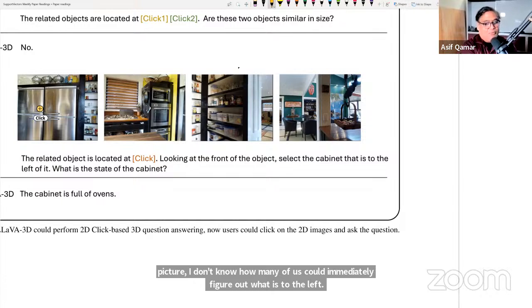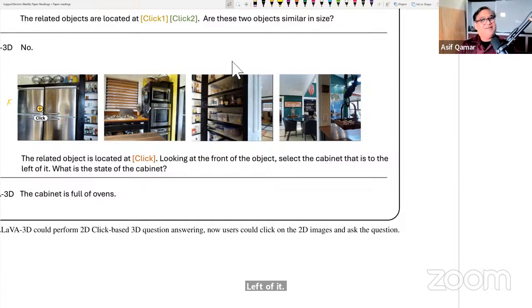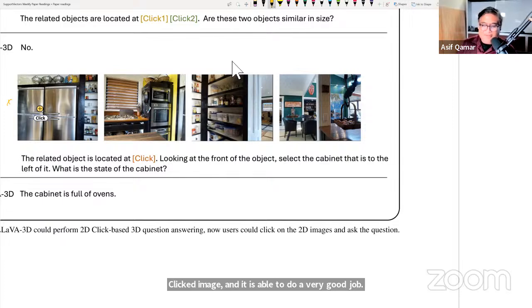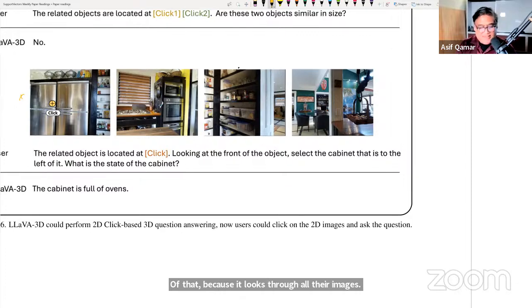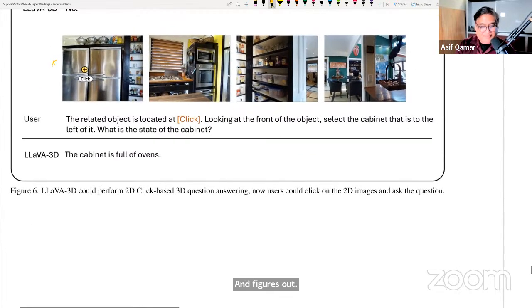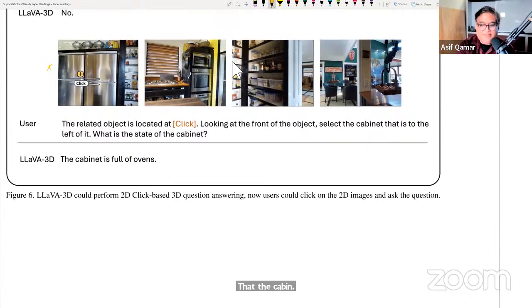You're asking, what is to the left of this clicked image? It does a very good job of that because it looks through all the images and figures out that the cabinet is full of ovens. This one is to the left of it.